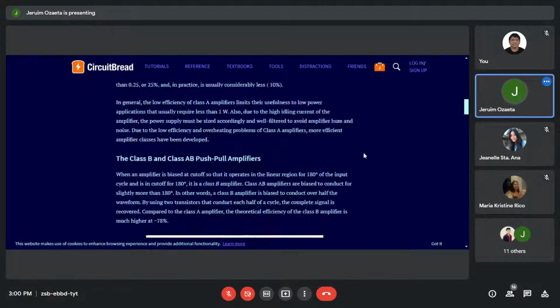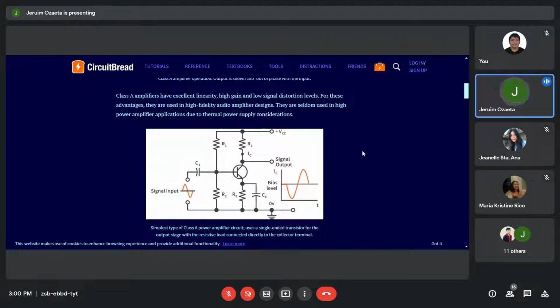The output at class A, although in the first diagram here it is taken at the collector, is such that when the circuit conducts to its saturation, most of the signal will appear across the resistor, so that the output will become as if at the ground.